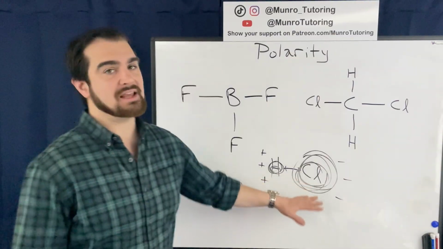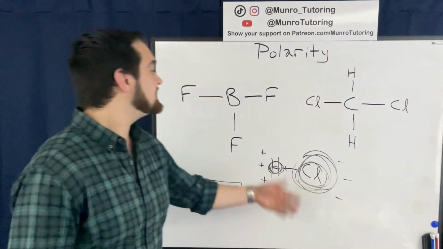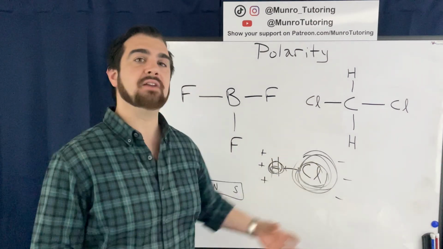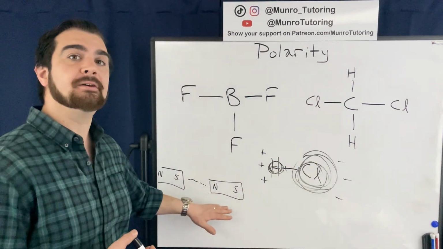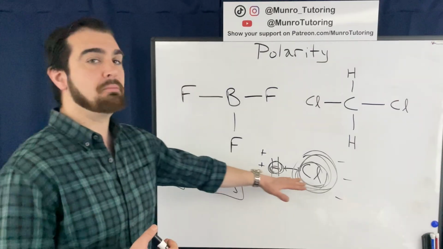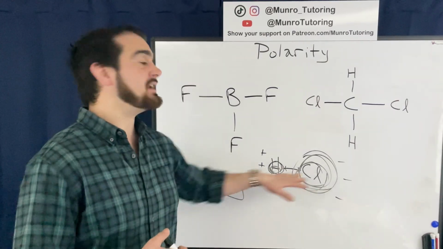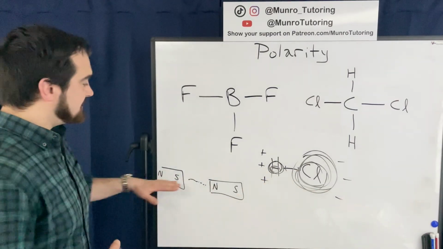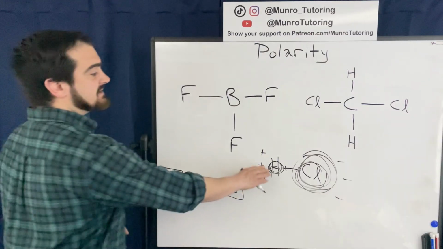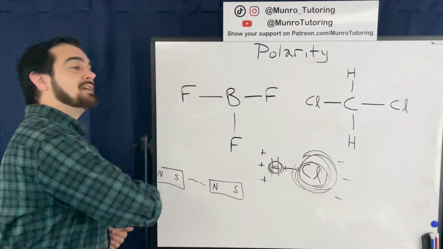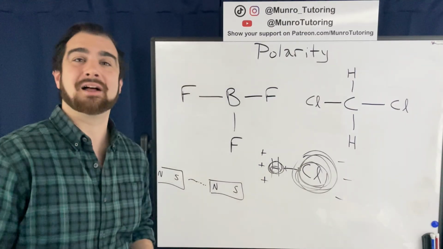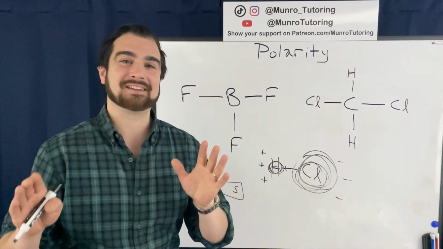Well, it's going to be the same thing with molecules. Because we have a positive side and a negative side within a molecule, it's going to behave just like a magnet would. And so we call it polar. So if I had another HCl aligned just like I have the magnets, the positive side of this molecule is going to be attracted to the negative side of the other. I meant to say molecule, not magnet. I think you guys get the point.